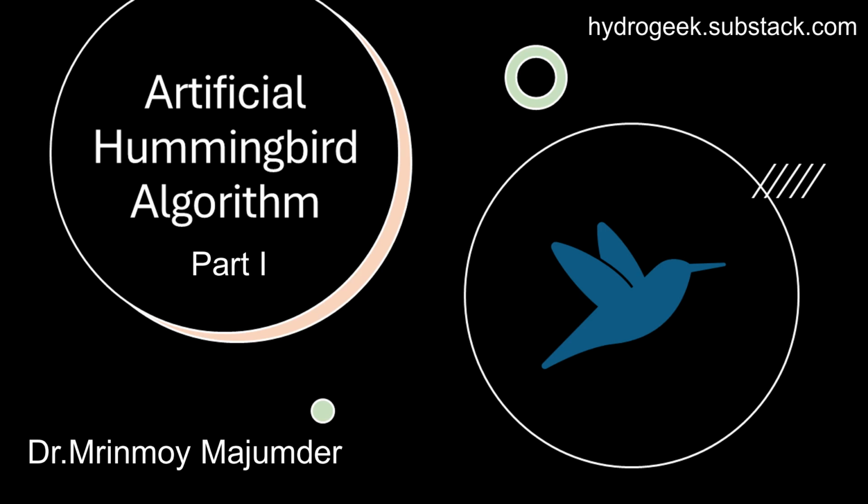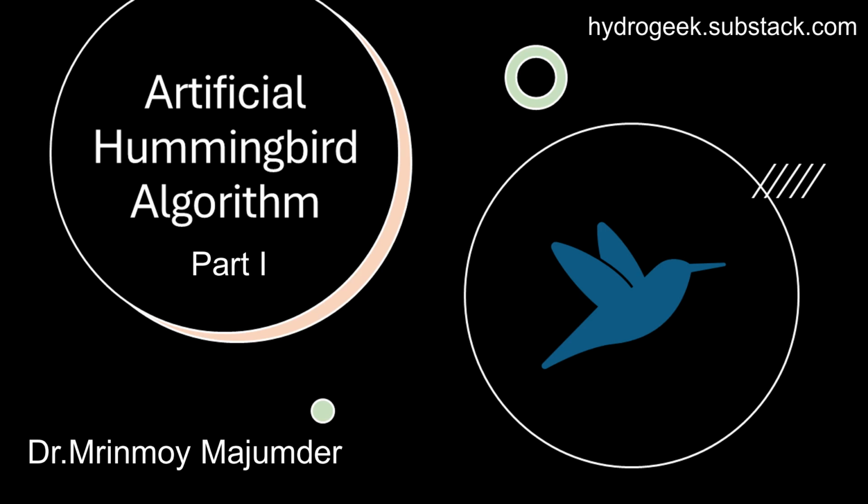Because although it has not visited any of those flowers, what will you select? Why would you select the second flower or third flower? Because you have come here to drink the nectar. The flower with the highest nectar, you will always select that flower, right?